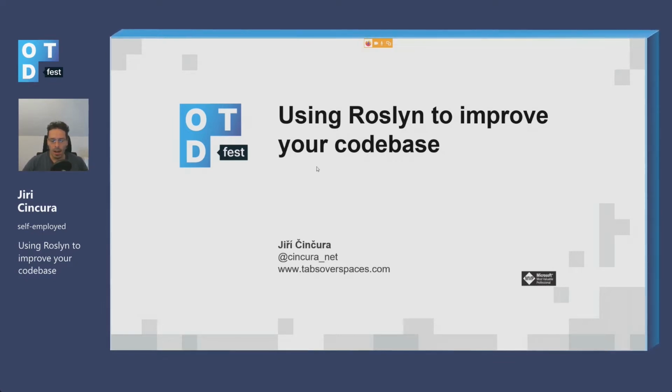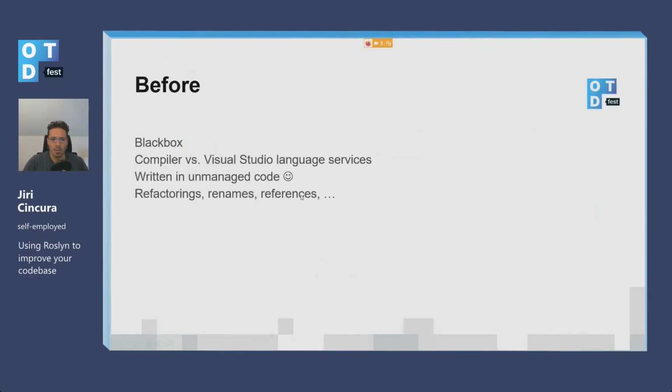And today's talk, I will be sharing with you ways to improve your code base using Roslyn and analyzing your code and trying to improve it by avoiding some mistakes or some most common catches. So let's first start with how it was before Roslyn actually existed.